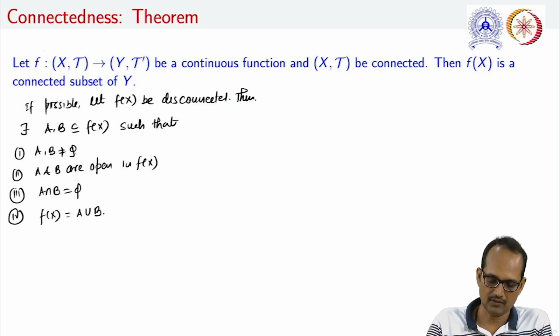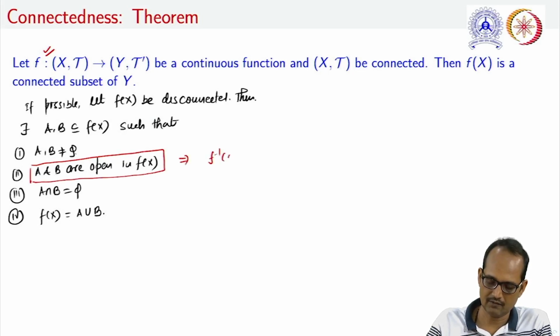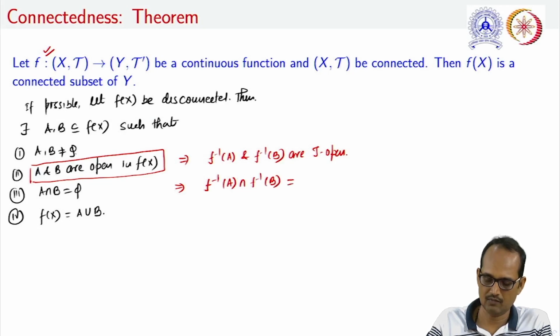As this function f is continuous, what we can say is that as A and B are open in f(X), it says that this f inverse A and f inverse B are τ-open. Also, if A and B are disjoint, from here we can conclude that f inverse A intersection f inverse B is an empty set, that is they are disjoint.